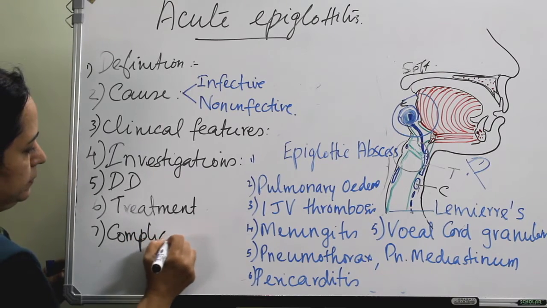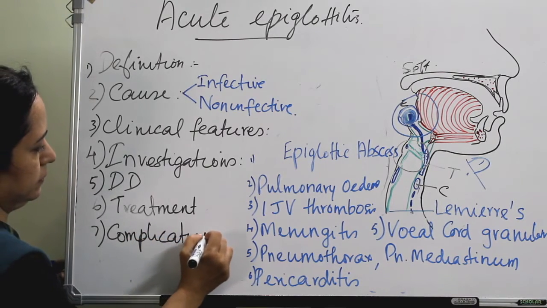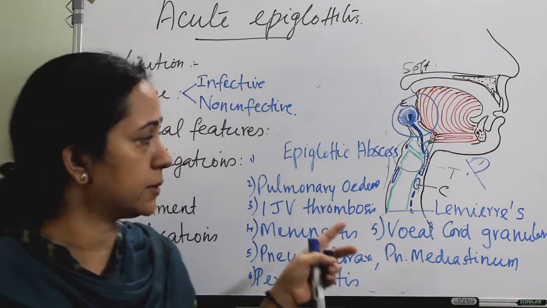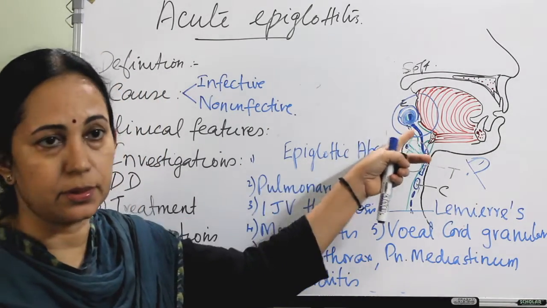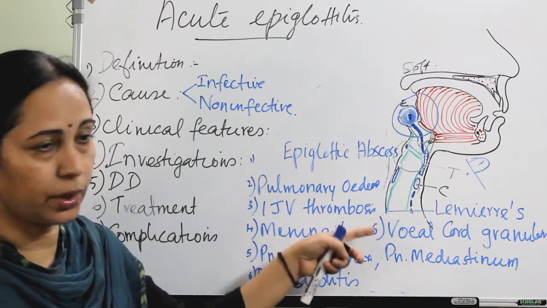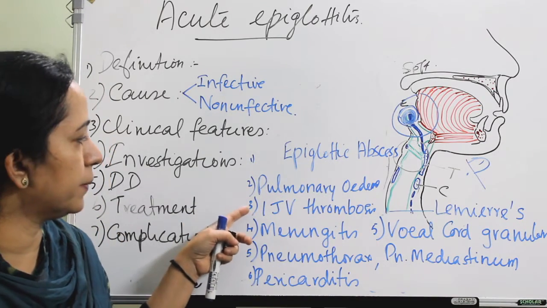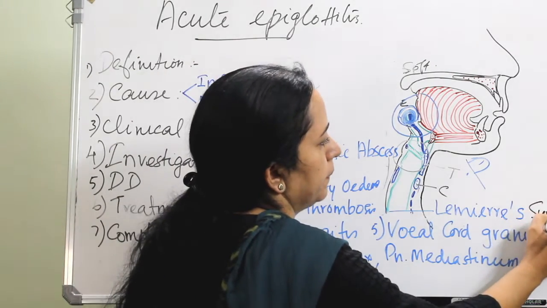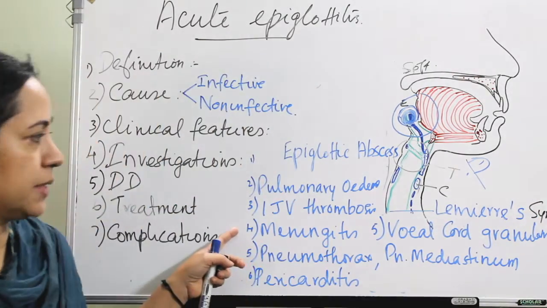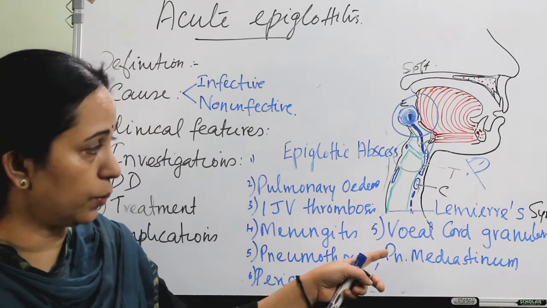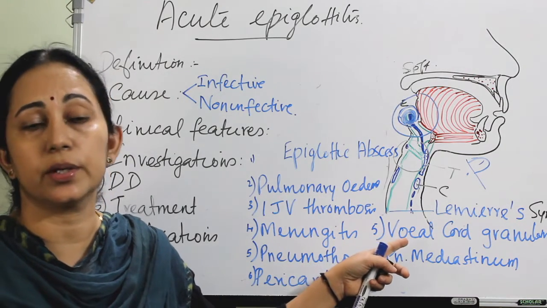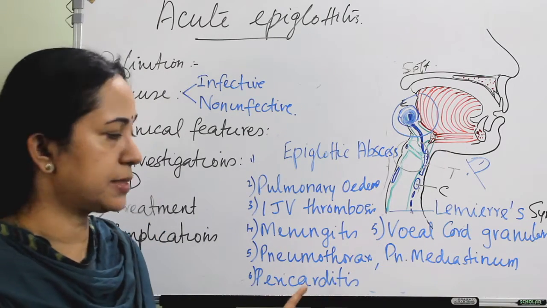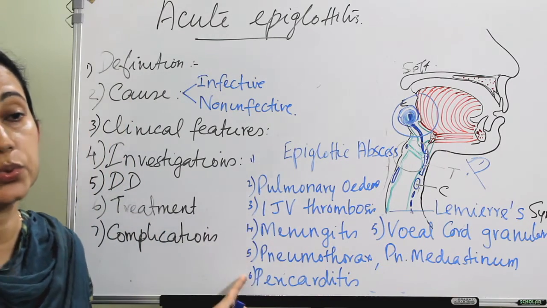Epiglottic abscess can happen. Then pulmonary edema. Then IJV thrombosis leading to Lemierre's syndrome. Then meningitis, vocal cord granuloma, especially in cases of endotracheal intubation, then pneumothorax, pneumomediastinum and pericarditis. All these are the complications and should be remembered.